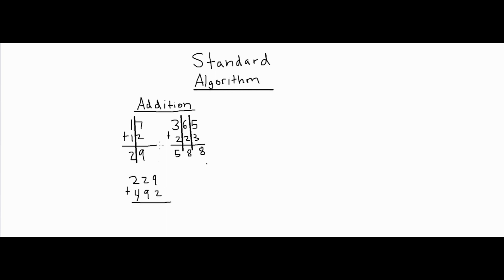So here, let me make the columns again, or the lines to separate them. So basically, if you see here, we have 9 plus 2 in this first column. Now, what you guys might just try to do is put 11 here, but unfortunately, that's not what you're supposed to do.